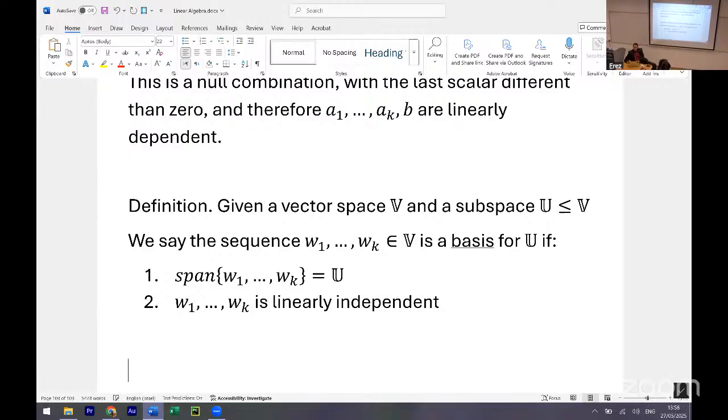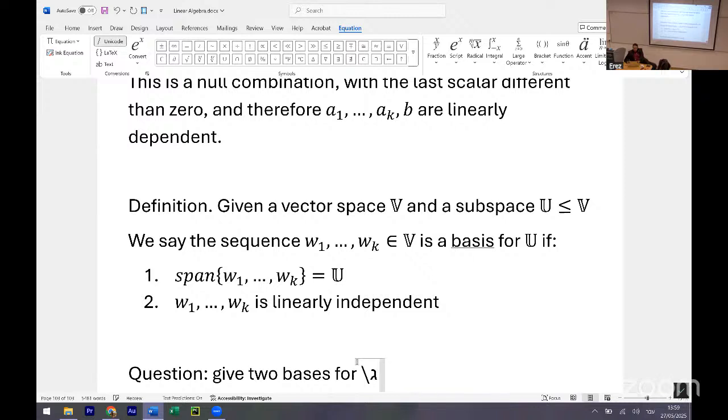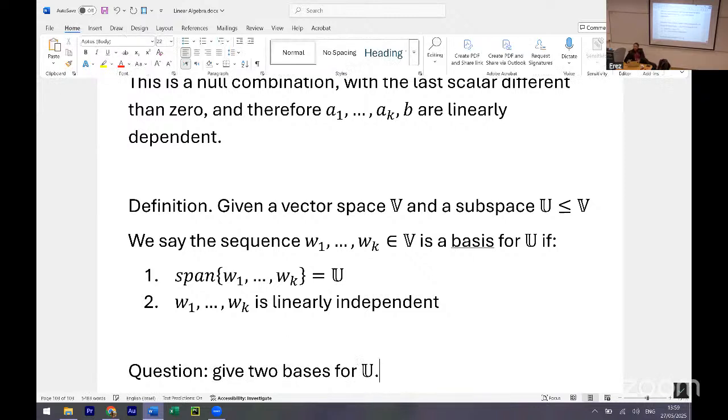And my first main question is, given two bases for a certain space, there can be two, since any two vectors within the plane which are not on a straight line would be a basis.